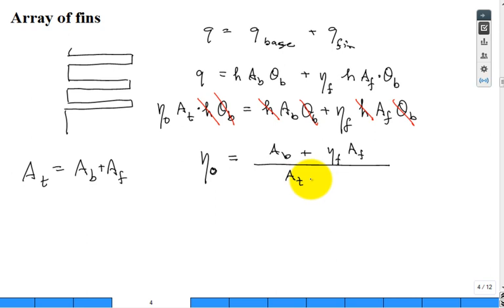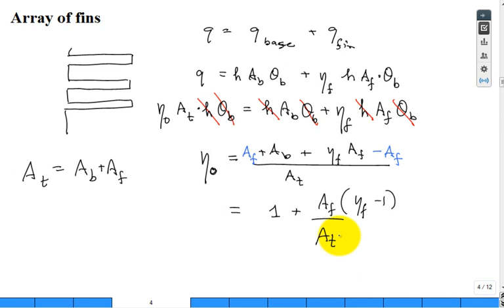Now, this doesn't look all that nice, but if I add an area fin here, and subtract area fin there, I will get something that the book has. That's going to be now 1 plus the area fin times the efficiency of the fin minus 1, divided by area total.